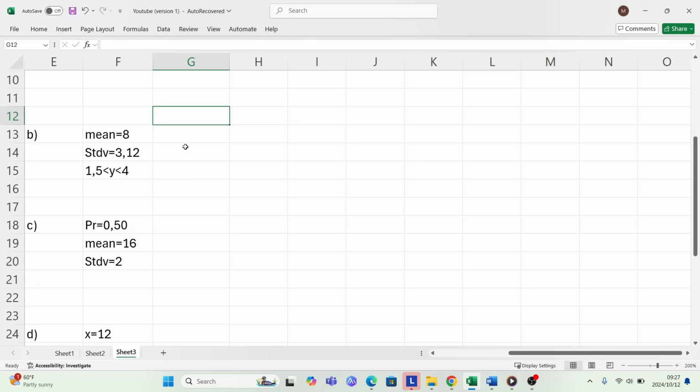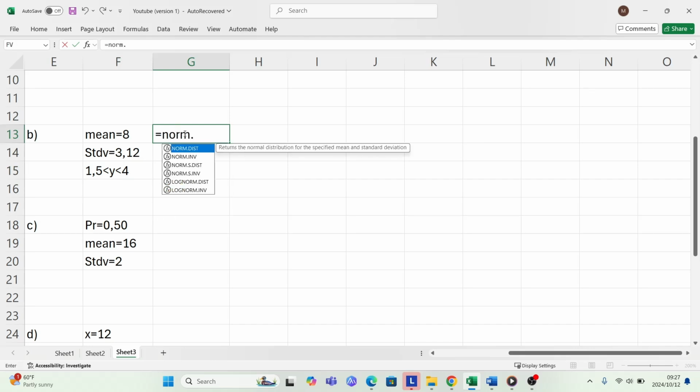So the second one says mean of 8, rather, standard deviation of 3.12, and where y is greater than 1.5 and less than 4. So to formulate this, you could use equal norm.dist.